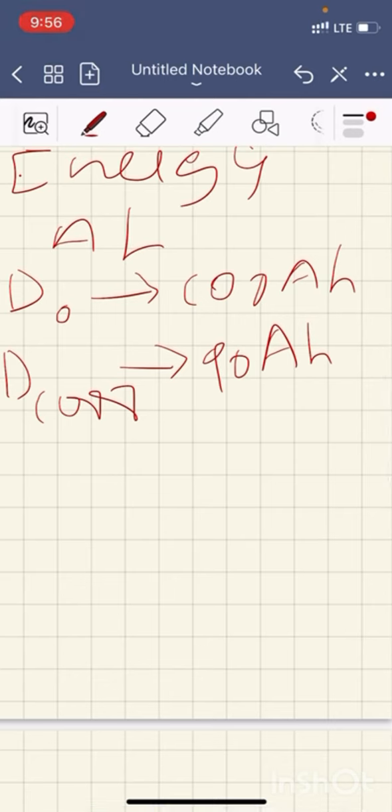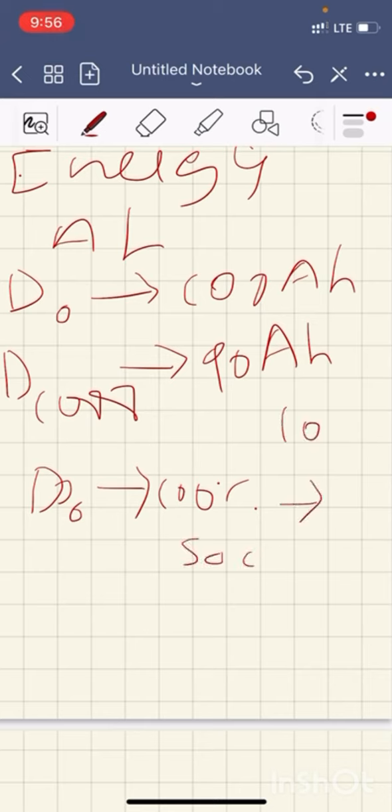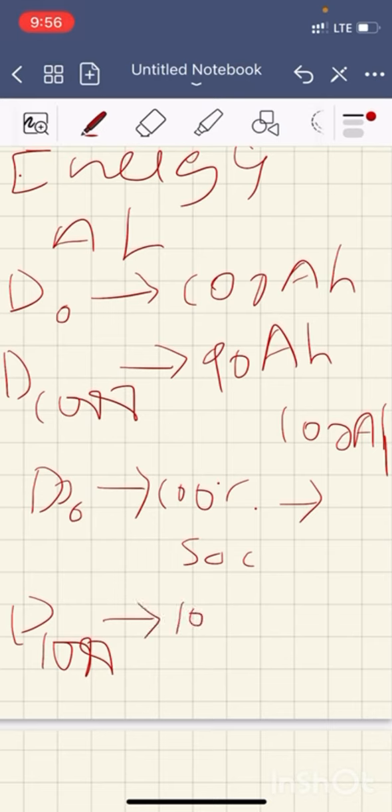Even on day 0, if you charge a battery to 100% SOC, it will give 100 AH of energy. On day 1000, with the same 100% SOC, it will only deliver 90 AH.